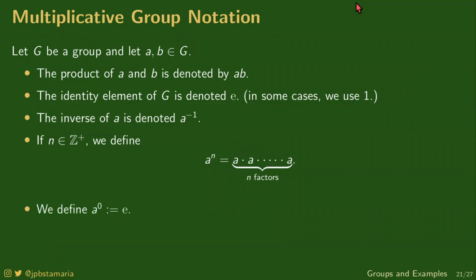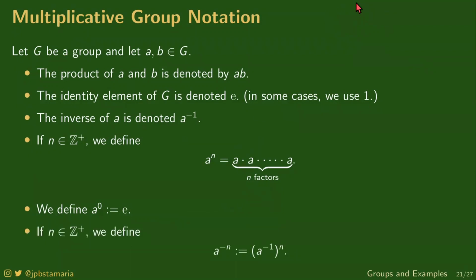Ano pa? Kapag ang exponent ay 0, we just define a to the 0 to be whichever is the identity element. Just like in the normal numbers, di ba kapag ikaw ay nasa R star under multiplication, hindi kasama yung 0 sa usapan, ang a to the 0 ay 1 kasi 1 yung identity element. Yun yung ating definition. Paano sir kapag negative yung exponent?